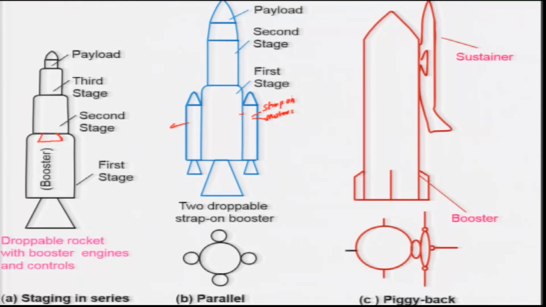However, the drag component of this piggyback is much higher compared to parallel or tandem staging. But it is very essential for manned missions. As I told, it has already been used by the USA and other developed countries to make their manned missions a success.